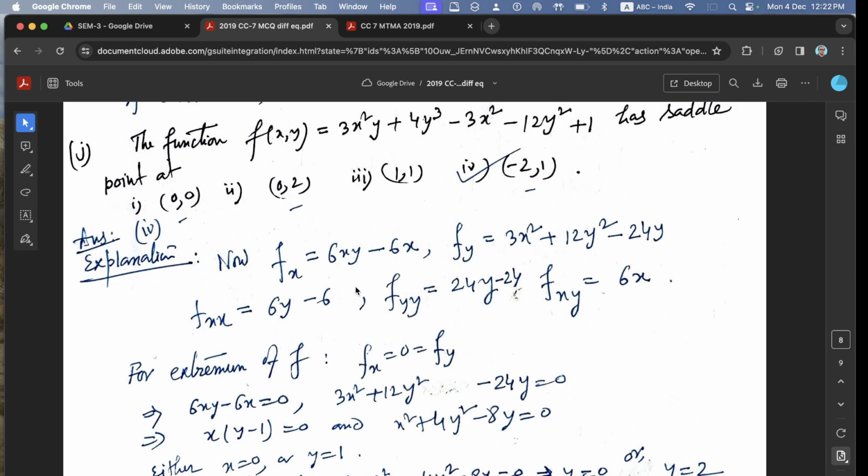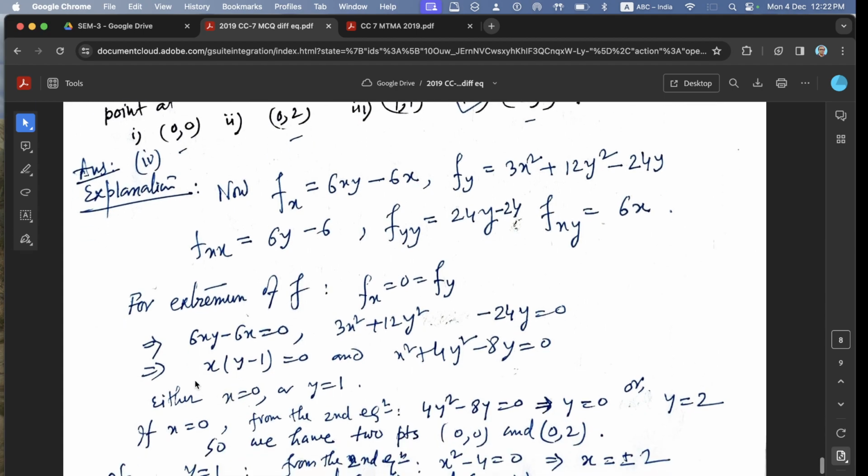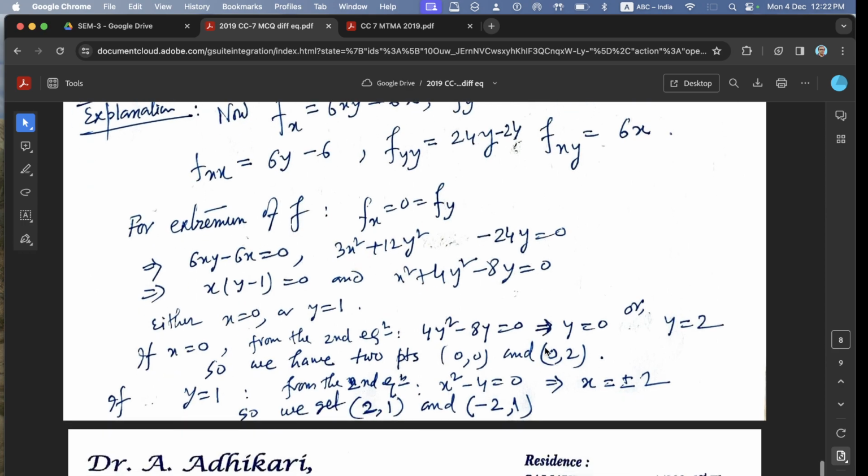Now for an extremum of the function f, we know fx equals 0 and fy equals 0. So fx equals 0 gives 6xy minus 6x equals 0, and fy equals 0 gives 3x square plus 12y square minus 24y equals 0. So x into (y minus 1) equals 0, and x square plus 4y square minus 8y equals 0. From the first equation, either x equals 0 or y equals 1. If we put x equals 0, then from the second equation we get y equals 0 or y equals 2.